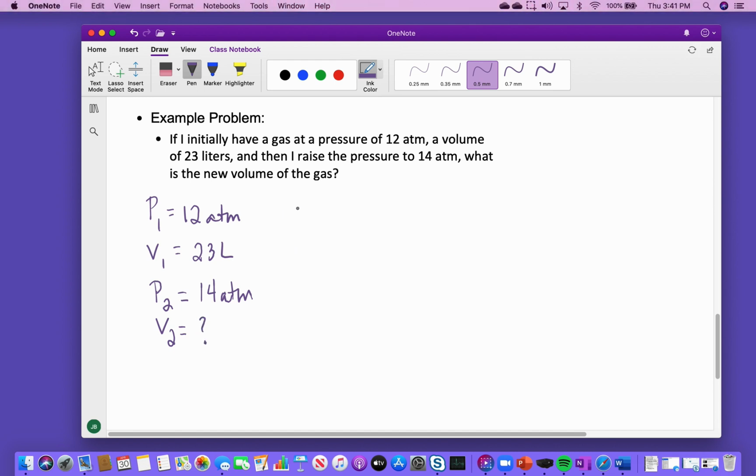All right, so let's take that information and write our equation for Boyle's Law. And let's manipulate that equation so that we have V2 by itself. So that's going to look like this.